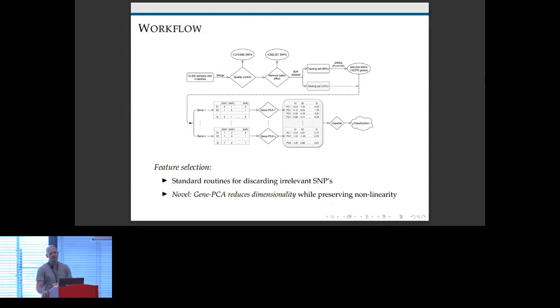We reduce the dimensionality of the data, which is a vector of 3 to 5 million entries. We do not apply global PCA, which would linearize the entire data and make it not applicable for any non-additive approach afterwards. This has to be watched for. So we developed gene PCA, which is a local protocol, and then we preserve the ability to discover nonlinearity across the genes at least.